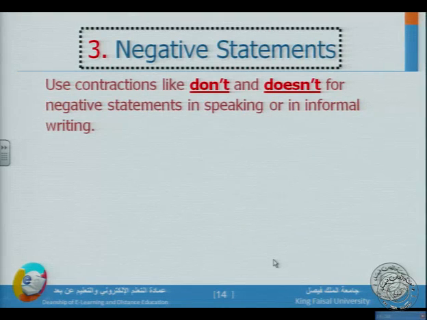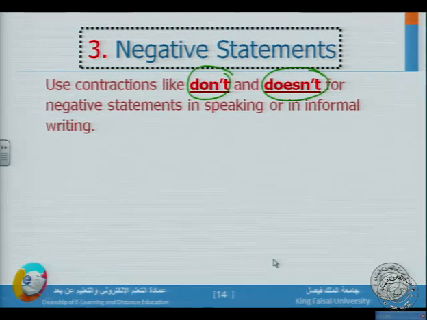How to make negative statements with simple present. In simple present دائما بنستخدم to make a negative statement the verb to do لكن نفي. We use contractions like don't مع الجمع و does not مع المفرد or doesn't. You can say does not or doesn't. Here it's pronounced as doesn't.